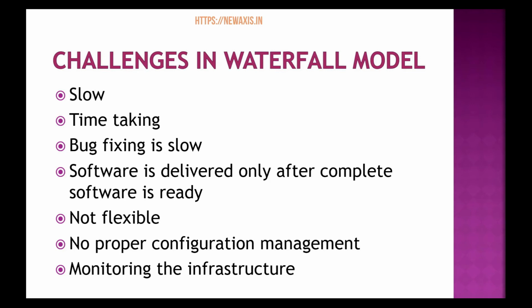It may take some time for deployment. Meanwhile, developers would be working on another code or other requirements, and then testers come with a bug on the old code, so they have to keep this new code aside and work on this old code. So there are many challenges of this waterfall model, like bug fixing is slow, and software is delivered only after the complete product is ready, right?